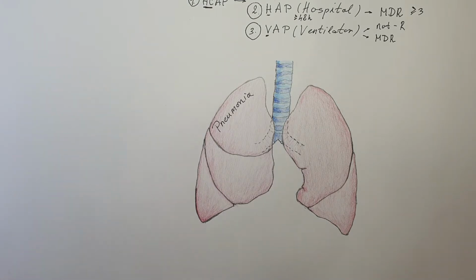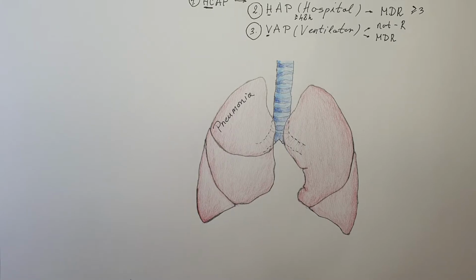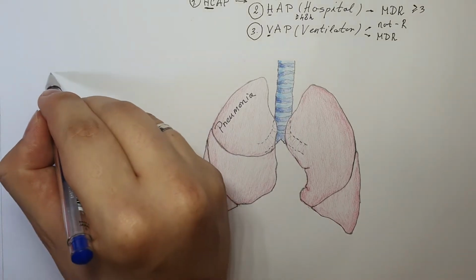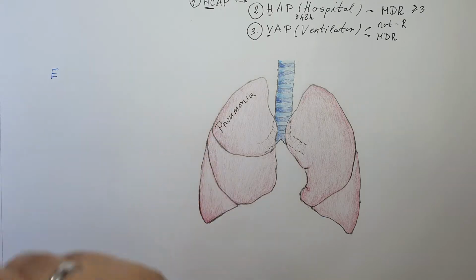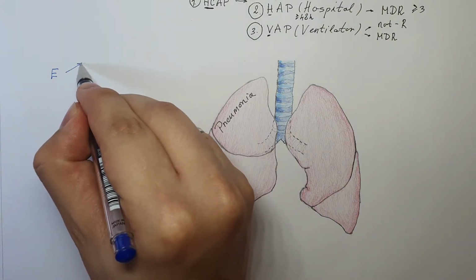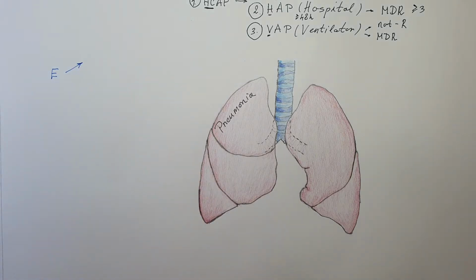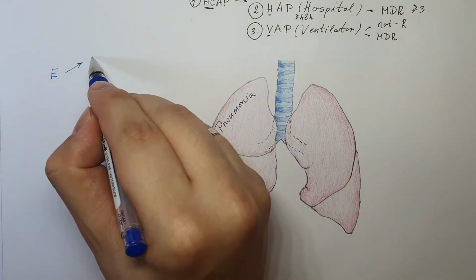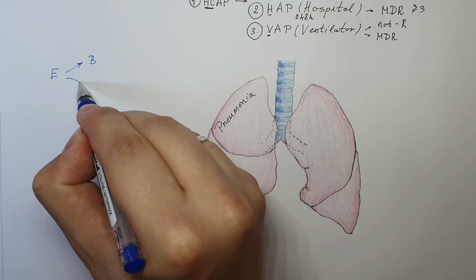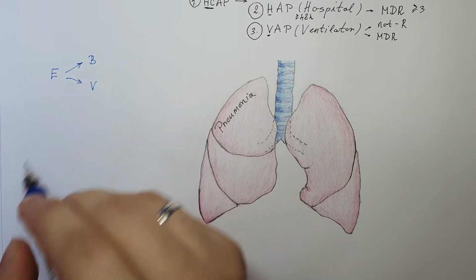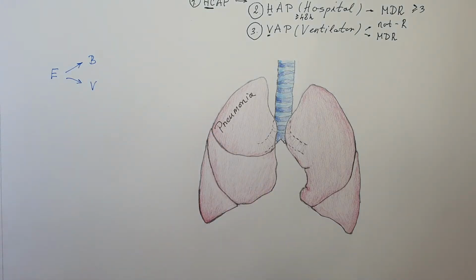So if we talk about etiology, most of the time pneumonia is caused by bacteria and viruses. Fungi and parasites can also cause pneumonias, but bacteria and viruses are the most common ones.